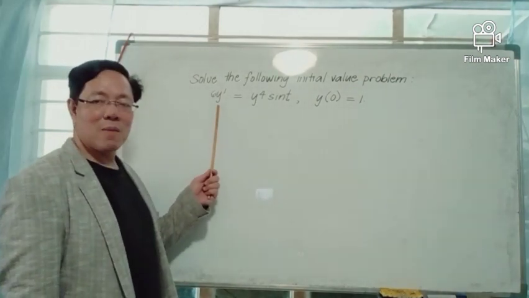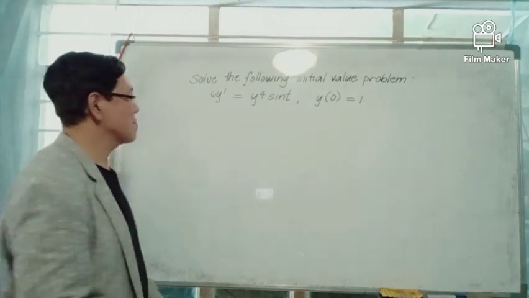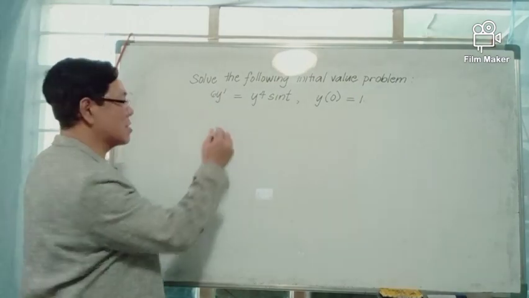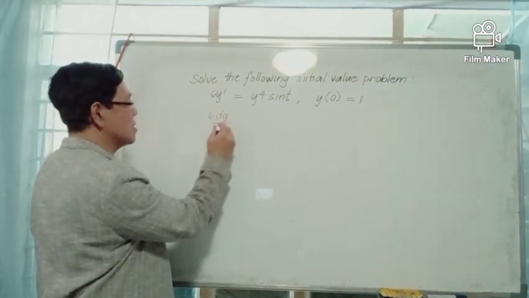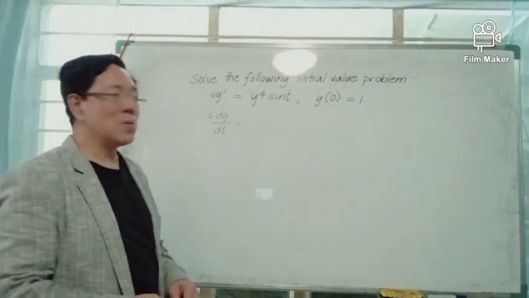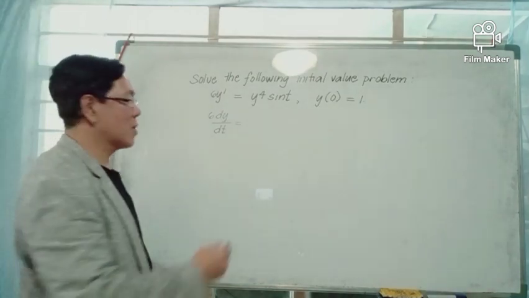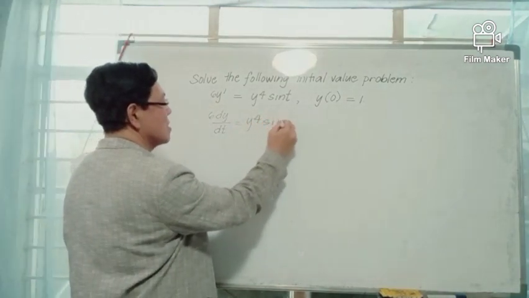We write y prime as dy dt, the derivative of y with respect to t. The left-hand side now is 6 multiplied by dy dt, which is equal to y raised to 4 multiplied by sine t.